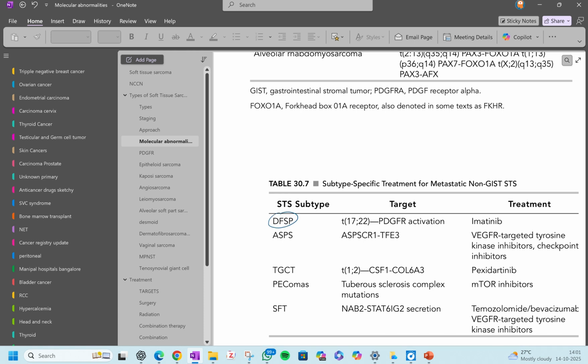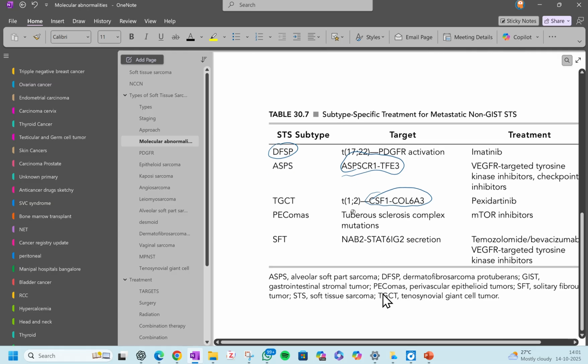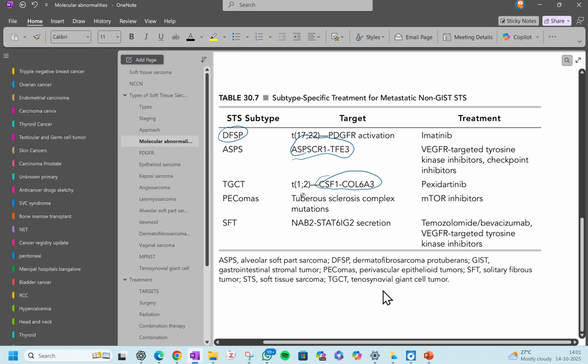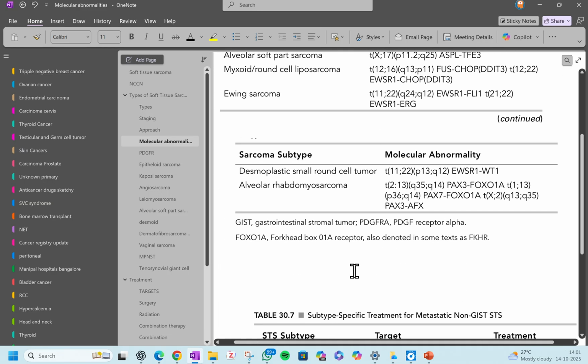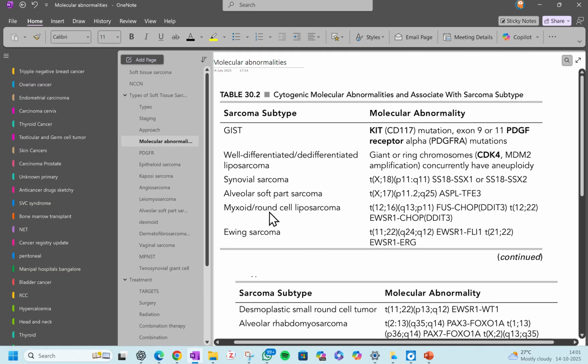For example, if you're seeing this alveolar soft part with TFE3, CSF1 with COL6A3, pexidartinib, if it's a soft part sarcoma, tumor, zolamide, BEV, figure out all of these and solve them one at a time.